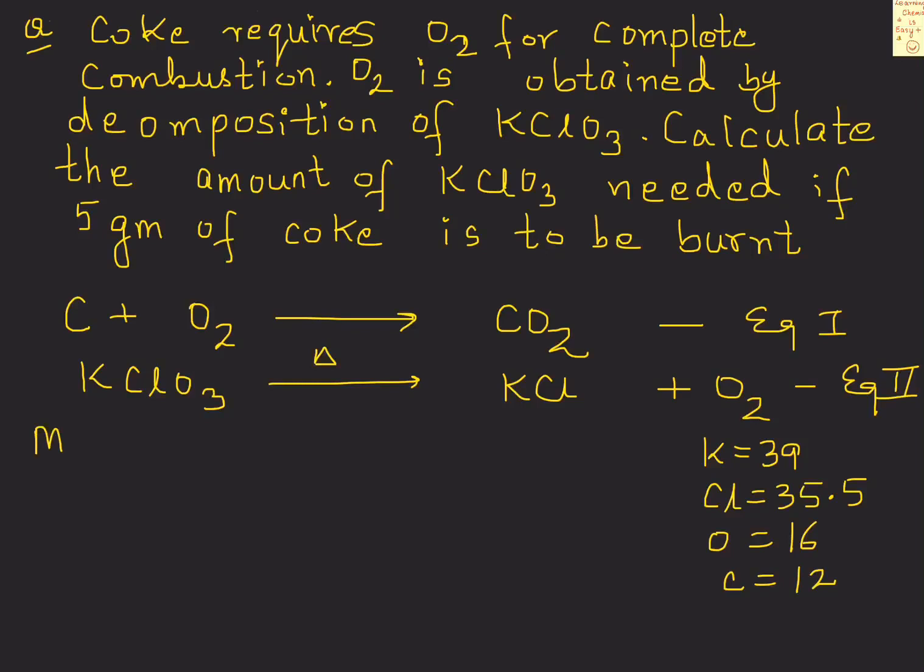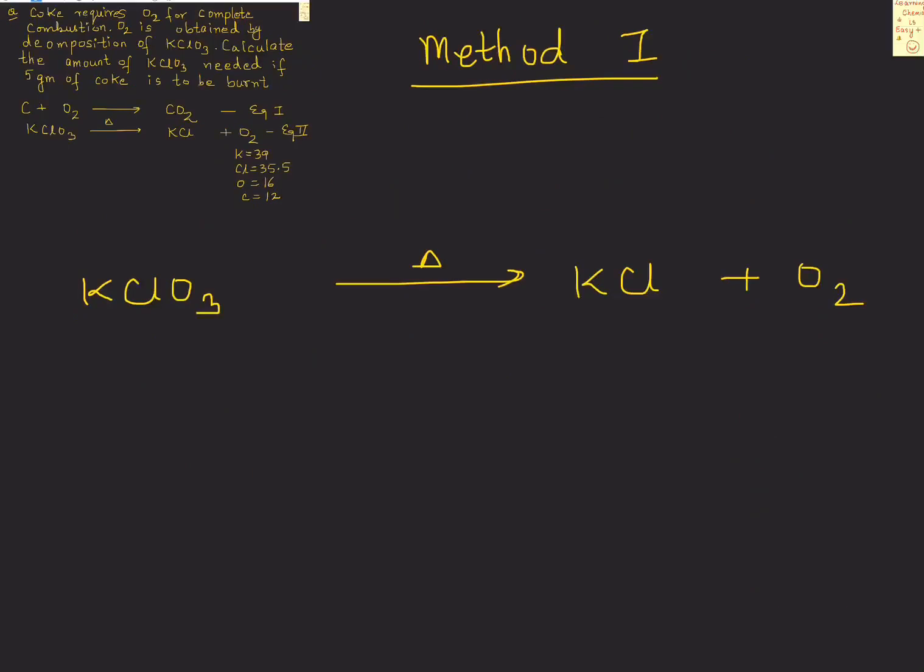Method 1. What we are going to do in method 1 is solve each equation step by step. So, let's start with it. Now we are starting with the first method. So, KClO3, and in any method, what's the first step that I told you? No, not the relative molecular mass. What's the first step in any stoichiometry question?